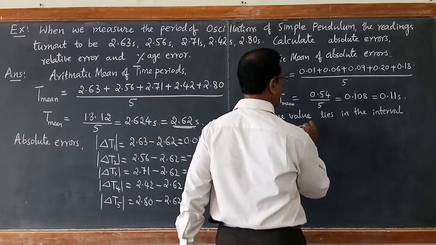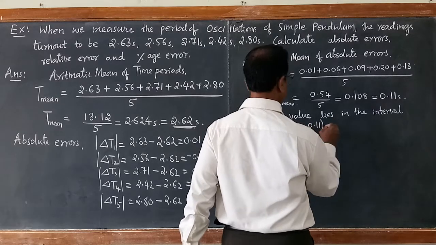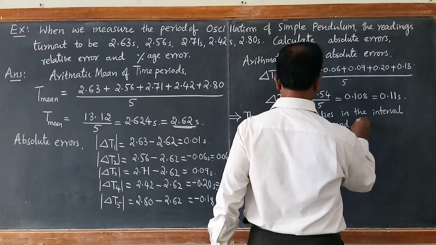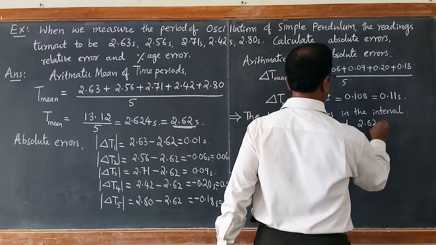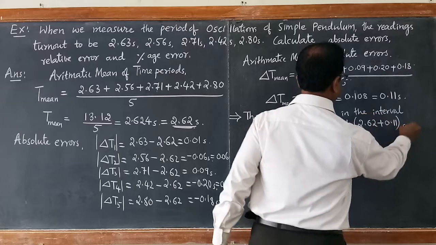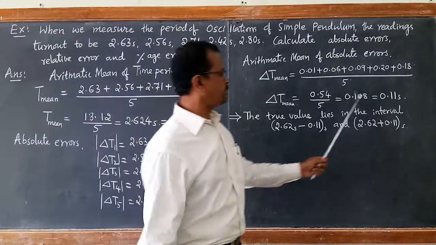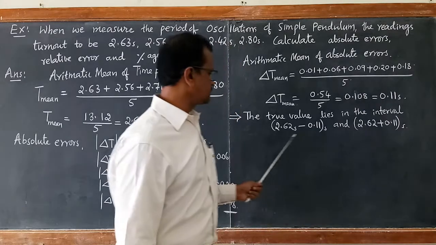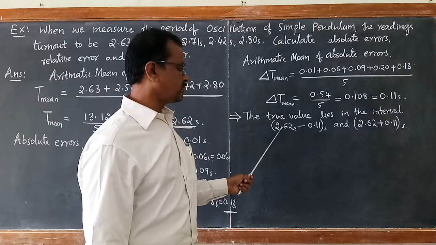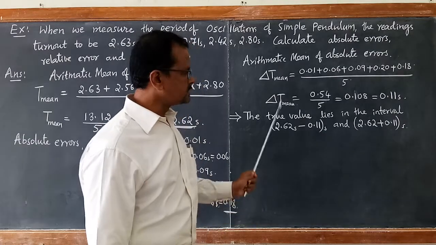This means there is a plus or minus error of 0.11 second for this arithmetic mean of 2.62. So this is the meaning.